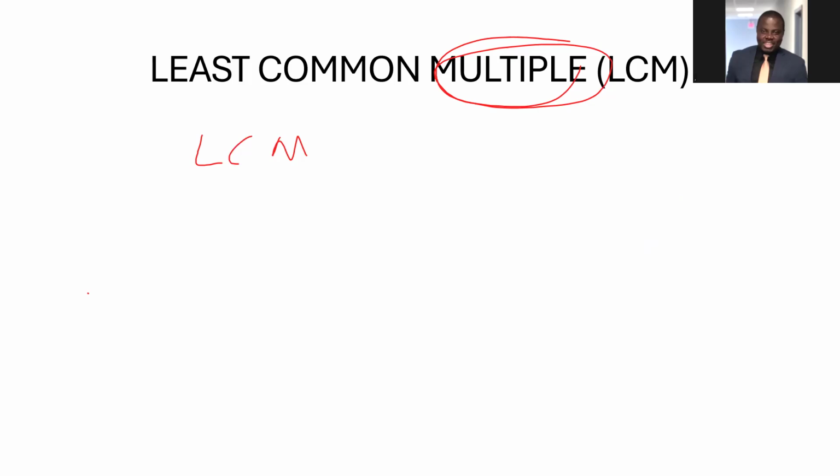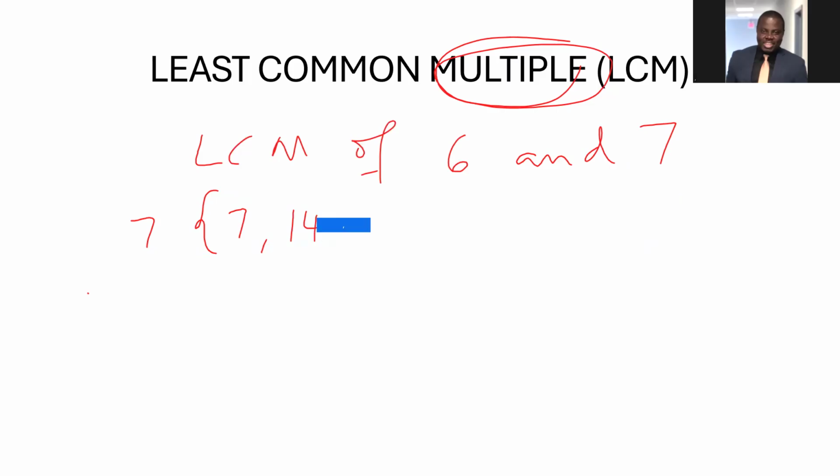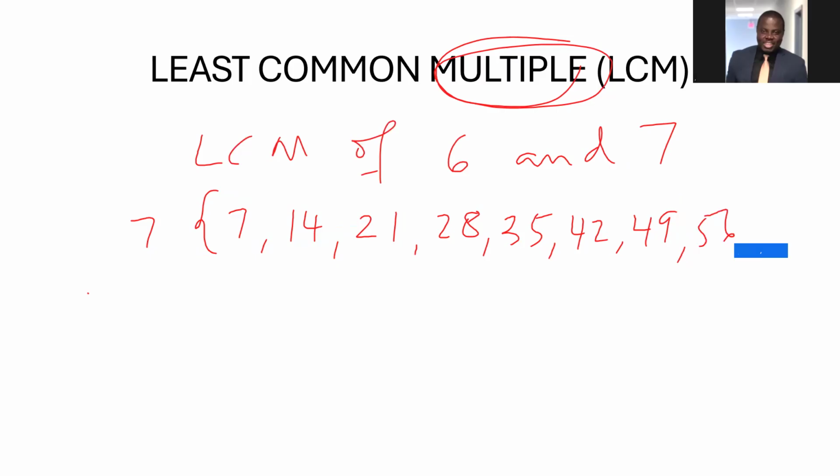The last example is find the least common multiple of 6 and 7. So I'll start with 7: 7, 14, 21, 28, 35, 42, 49, 56, and then it keeps going like that.